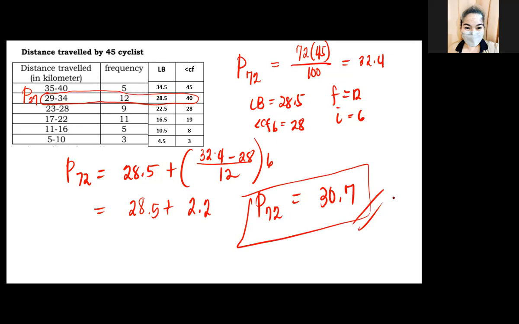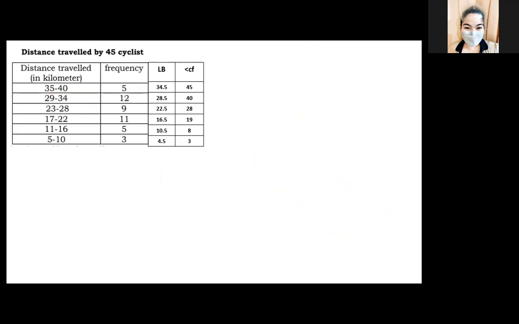Intindihan na po how to get the decile, the percentile, the quartile. Plus na tayo. Kayo na siguro. Kukunin niyo po ay P sub 22. Okay. P sub 22, pakikuha.